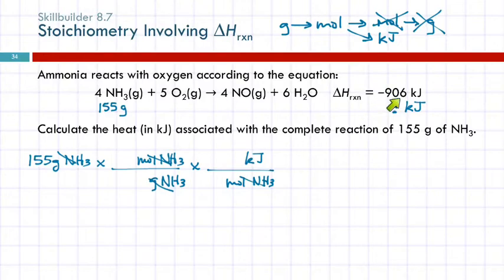So this is the amount of energy for 4 moles of ammonia. So minus 906 kilojoules for every 4 moles of ammonia that react. And then here I need the molar mass of ammonia, which we've used before, 17.034. So I've got 155 divided by 17.034 times negative 906 divided by 4 equals.